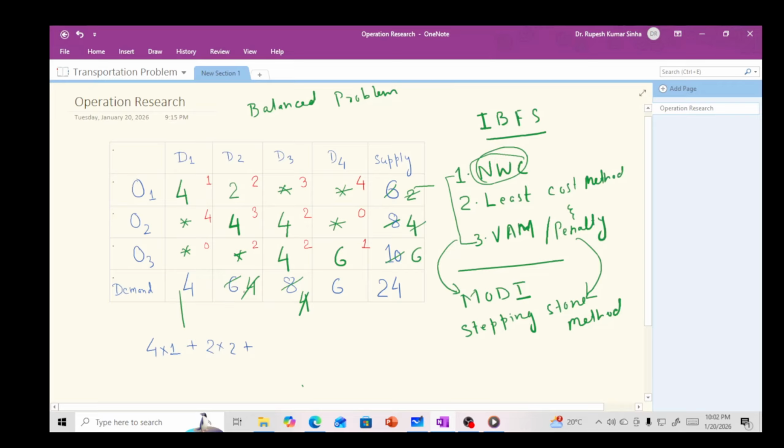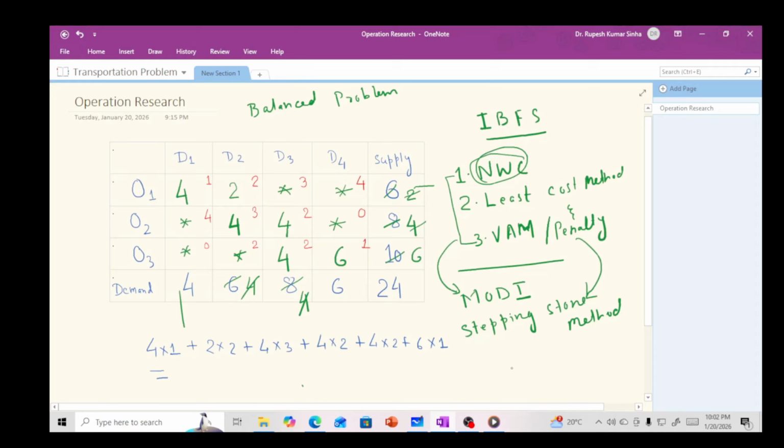Next this one 4 into 3 plus 4 into 2 plus this is again 4 into 2 plus 6 into 1. We will add this, it will give us the total allocation cost.